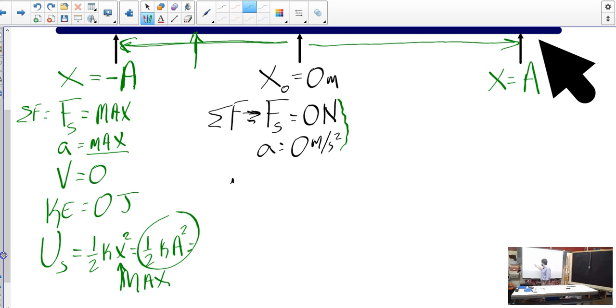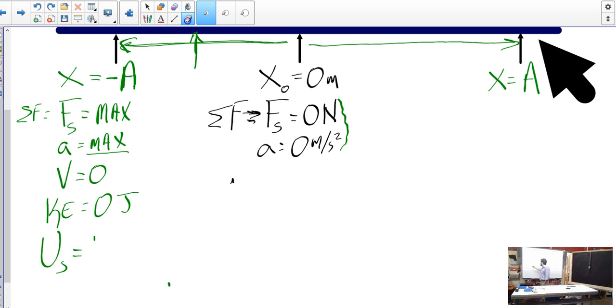So we are at a max. In fact, I'm going to erase this and just boil it down to, at this point, we have maximum. So if we knew how far it was stretched, or in this case compressed, I should say, and we knew the k value for the spring, we could find that amount of energy. All right.